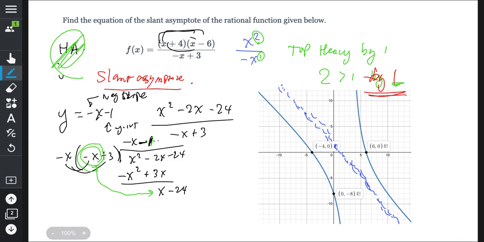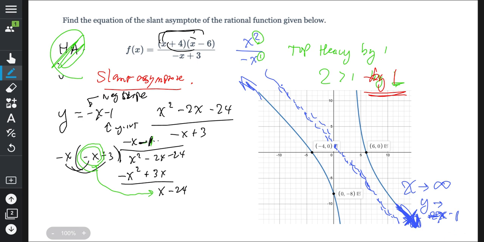So it looks like as this gets closer and closer to infinity, this is likely to approach that. And as x goes to positive infinity, the y is going to tend toward, well, the line, whatever it happens to be. No, negative x minus 1.